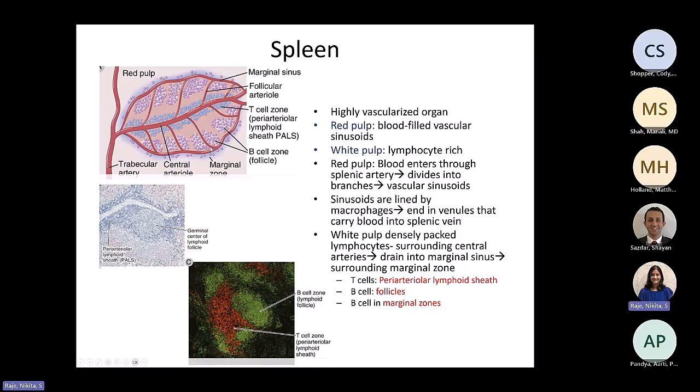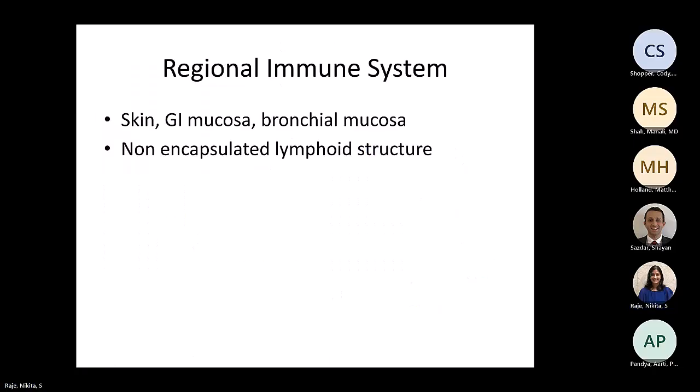Remember, wherever B lymphocytes are attracted, they form follicles. Whereas the T cells are around the arteriole, in the periarterial lymphoid sheath, or PALS, P-A-L-S. That is the T cell zone in the spleen, and the B cells form the follicles. So that's the structure of the spleen.